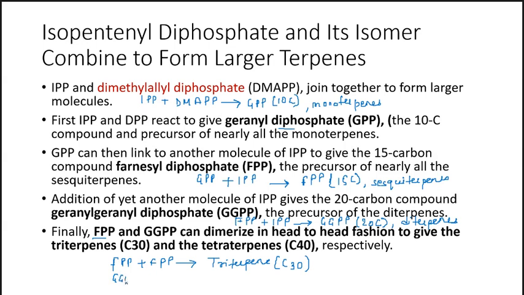And the diterpene, which is GGPP, can also dimerize. GGPP was 20, and 20 will combine to form a tetraterpene, which is C40.